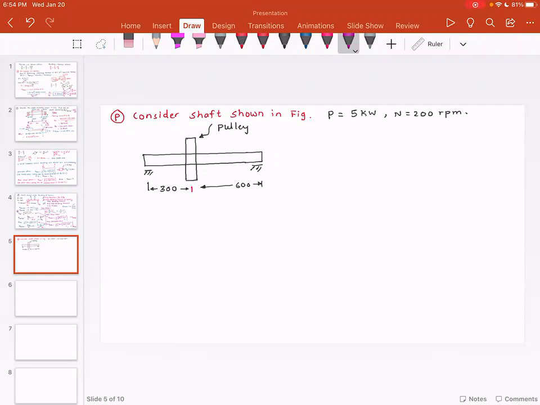So this is a little tricky problem in a sense that they give you the weight of the pulley.